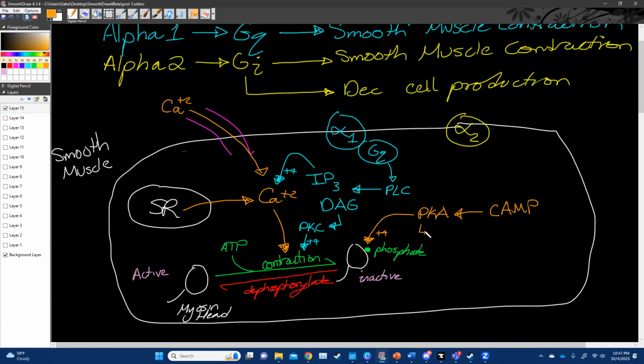So what PKA is doing is that it prevents additional contraction. So in other words, by keeping the myosin head in its inactive state, what it's doing is it's preventing the next contraction, which means that it's promoting relaxation.